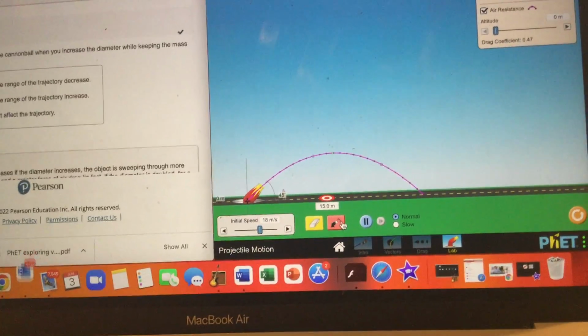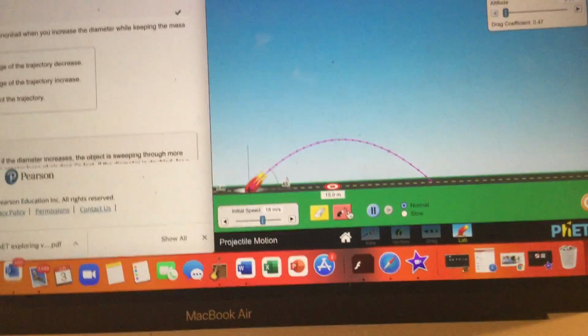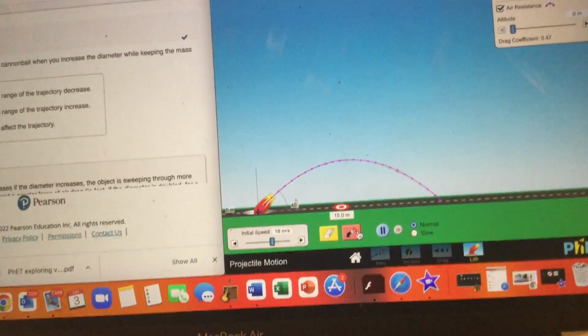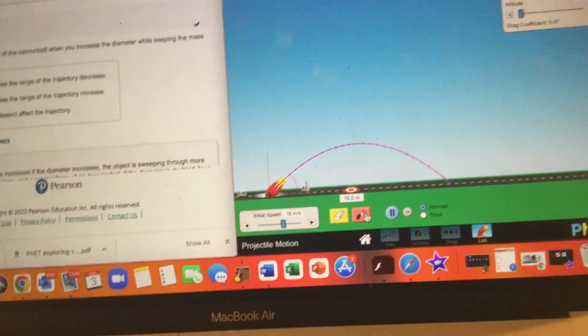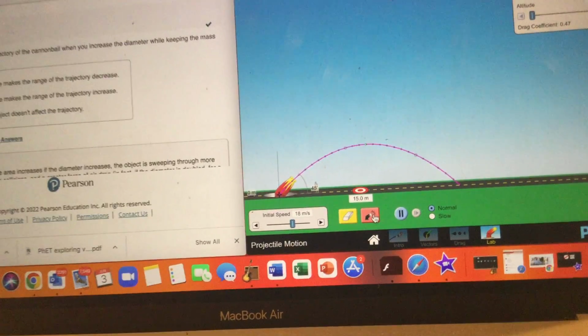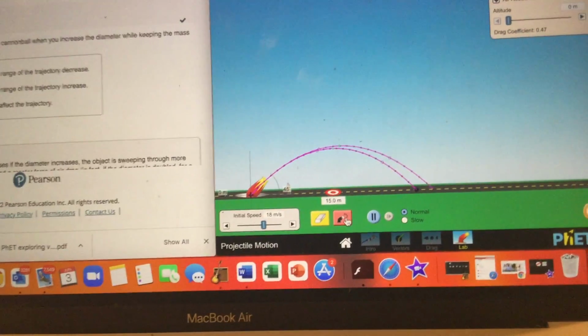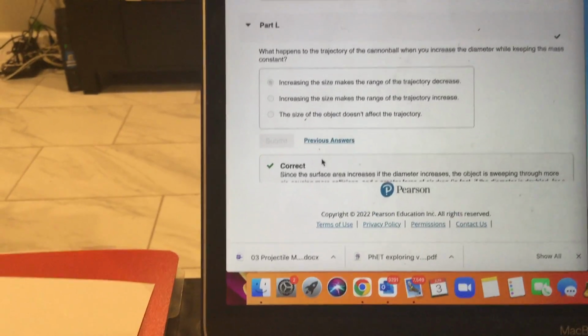That should increase the surface area of the ball, which will have greater air resistance against it. And we see that the air resistance made the trajectory and range less. So increasing the size makes the range of the trajectory decrease.